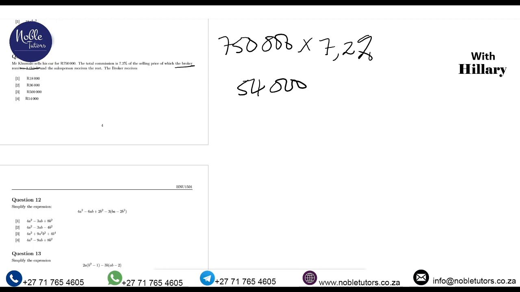We multiply the commission by 2/3, which will give us 36,000. So the broker will get 36,000 of the commission that they've earned. So what you need to do is to look for the 7.2%, then you calculate 2/3 of that to know how much the broker will take home.